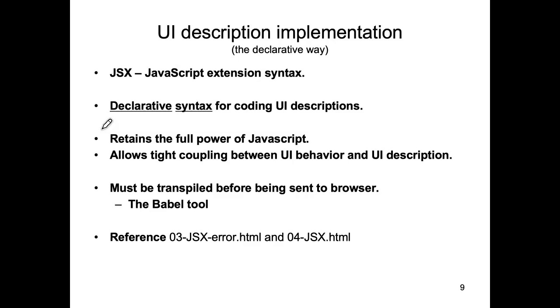And this was the idea that I mentioned a while ago about co-locating the UI description with the UI behavior. So JSX is how we as developers write our UI description. We don't use the imperative approach that I've just been showing you, but it's the imperative approach that the browser understands. That's the only one it understands. It cannot interpret the declarative approach. So let's see how we actually write our declarative description for the exact same example.